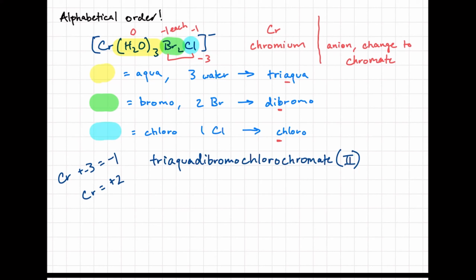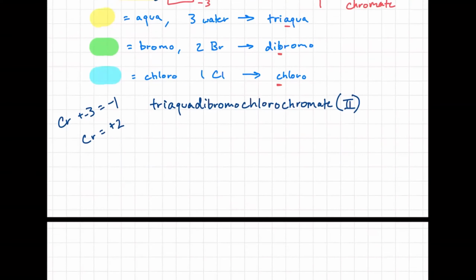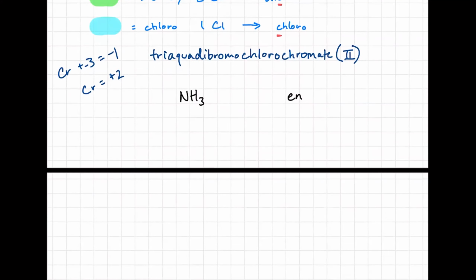The only other thing I would touch on for nomenclature is a very obscure spelling thing. NH3 is ammonia, but if it's a ligand, we change that to amine with 2 M's.